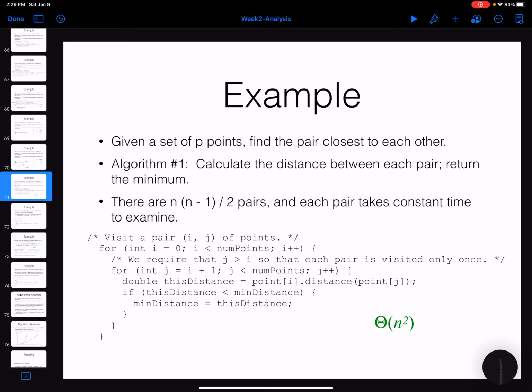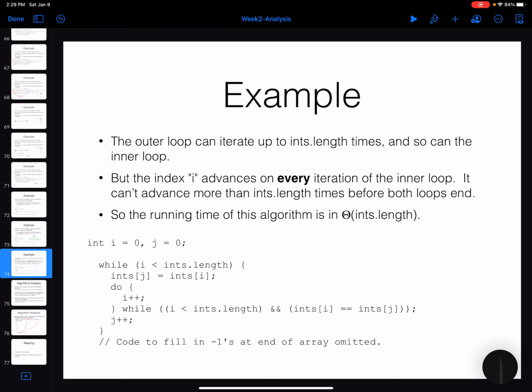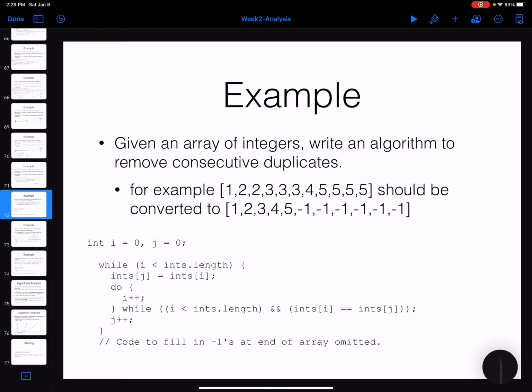There's another algorithm here that I would recommend you definitely read, and try to find the time complexity of this one. This is very interesting. You can see that again I have 2 nested loops, but be careful. Not always are 2 nested loops going to have n square time complexity. You should be careful about what your algorithm does exactly.